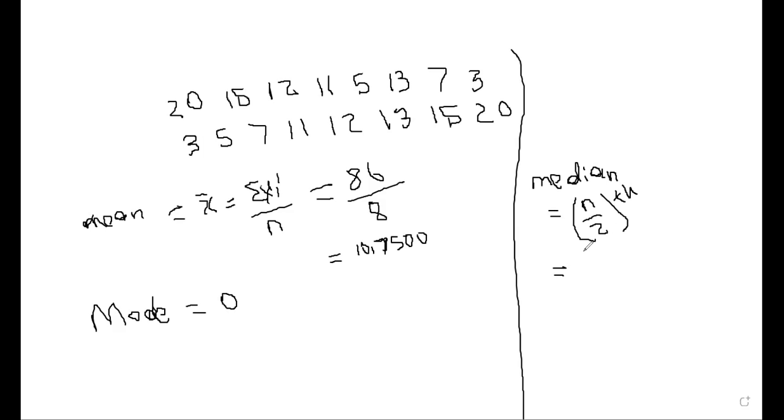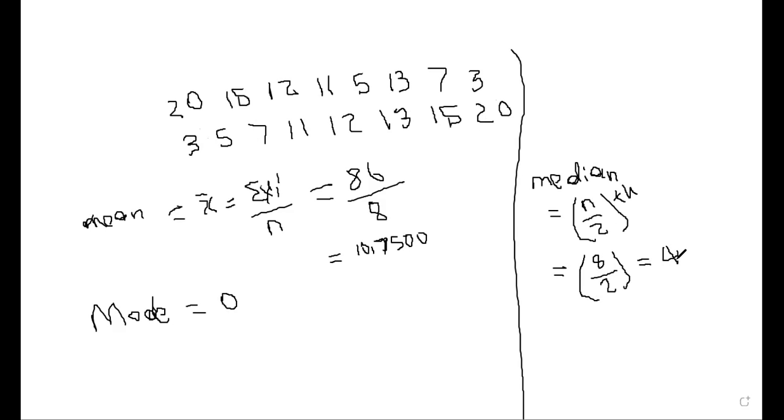So our n, we are saying that it's what? It's 1, 2, 3, 4, 5, 6, 7, 8. Meaning we have 8 as our n, then divided by 2. Then 8 divided by 2 is equal to 4.